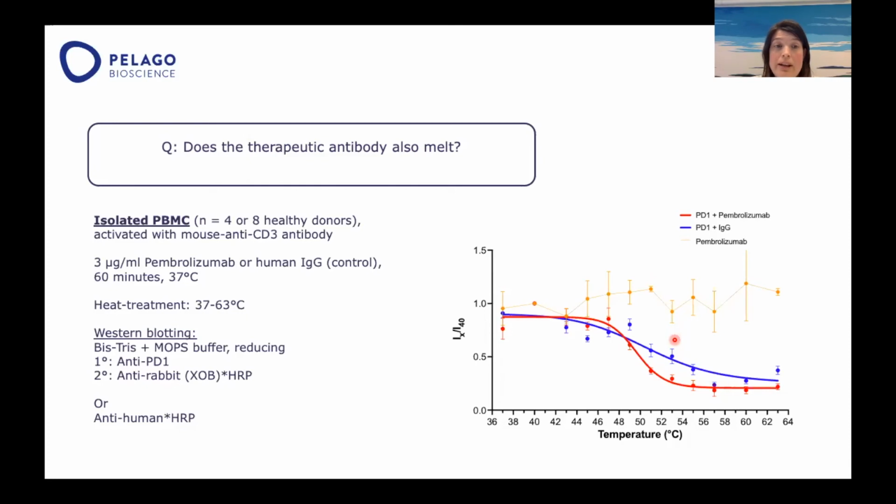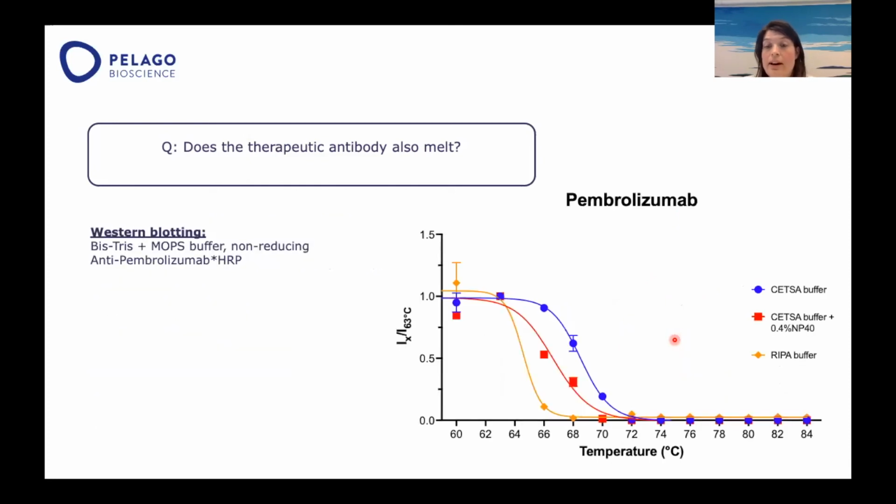But looking closer, at the higher temperatures you can see the antibody itself starting to melt. And the melting is also affected by the buffer used. The temperature range used in the Western blot format was up to 63 degrees, where we don't have an effect on the melting.